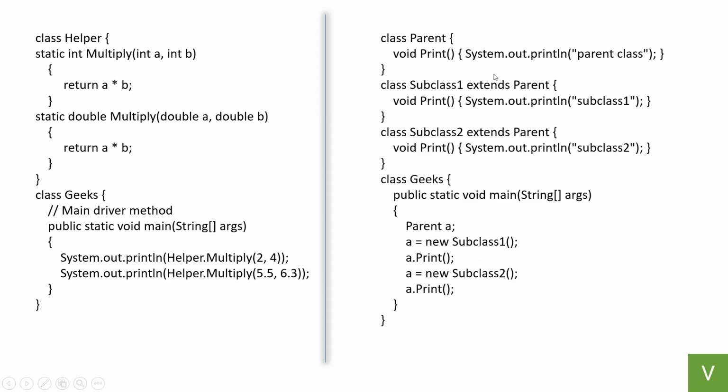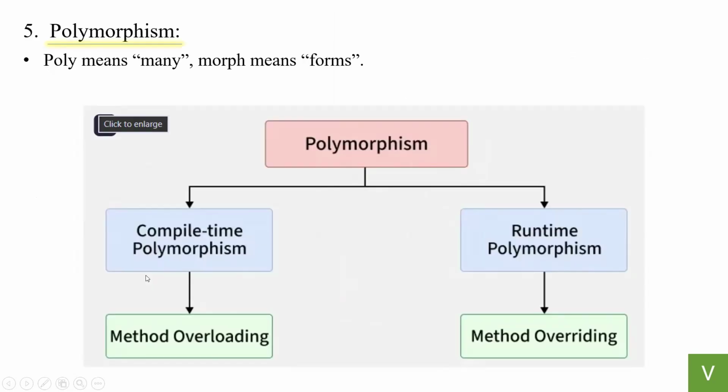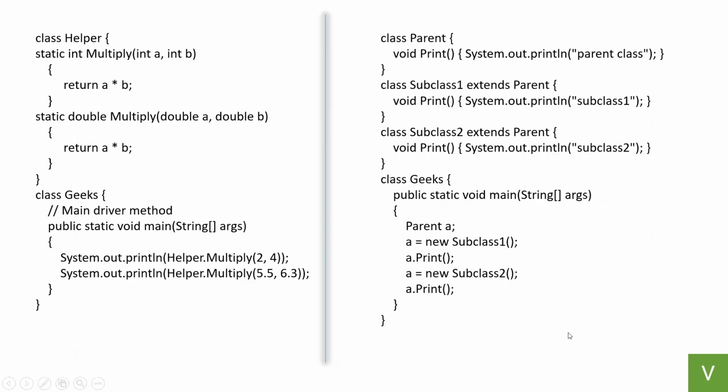So this code is about method overriding, and the earlier code was about method overloading. So this is about polymorphism. Polymorphism means many forms. It consists of two types: compile time as well as runtime. Compile time is achieved by method overloading and runtime by method overriding.